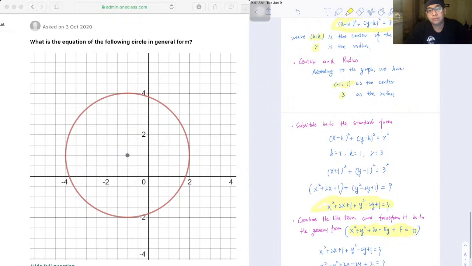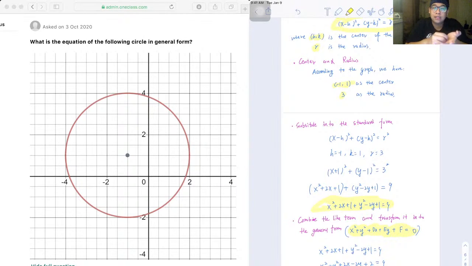Oh, and just in case you're wondering how we found the radius as 3, the way I find it is when you look at x equal to -4 and x equal to 2, and if we draw a line that crosses the center, the distance will be from -4 to 2.